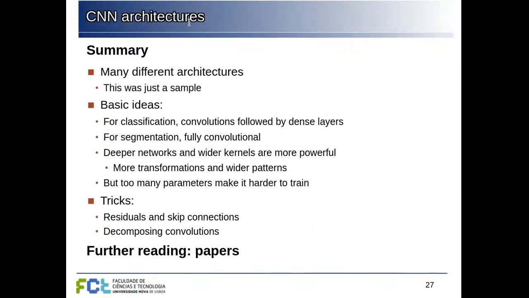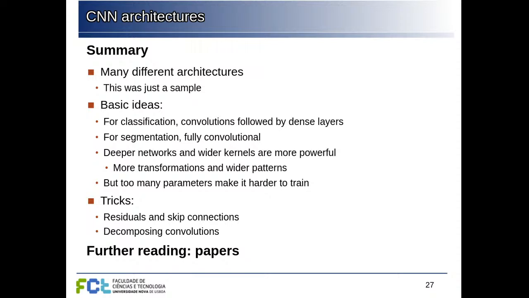Okay, so to sum up, we saw several different architectures for convolutional networks. This is just a sample of what you have available, but it's to give you this idea that neural networks are very versatile. We can create lots of different architectures, and there are some problems with trying to solve more complex problems just by increasing the complexity of the network. Because when we have more layers, more parameters, and so on, it makes it harder to train the network.